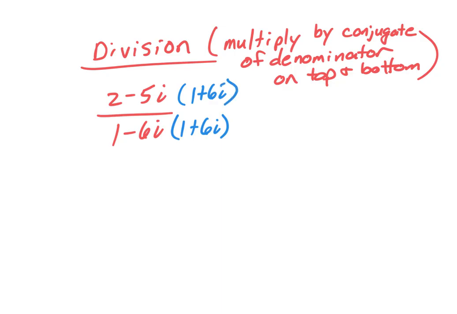But I have to do that to both the top and the bottom. One thing I will tell you is do not change the sign on the 1. That's a common mistake a lot of people make. The only sign that changes is the sign in between. What makes this a little bit harder is we basically have two FOIL problems here. I don't think it's necessarily hard, it's just a little bit of work. We have to FOIL twice here.